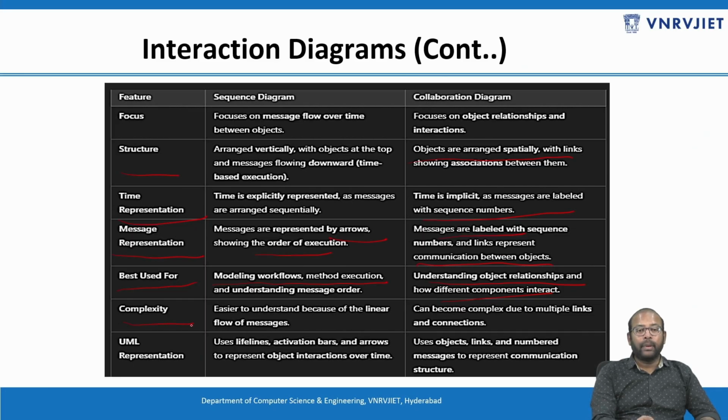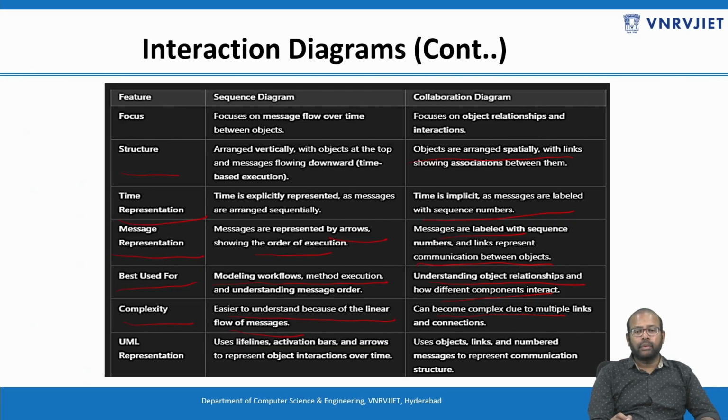And coming to the complexity, definitely the sequence diagram is easier to understand because of the linear flow. There is no confusion, there is an order, based on that you can go. And the collaboration diagram can become a little bit complex due to multiple links, because between the two objects so many messages are exchanged.